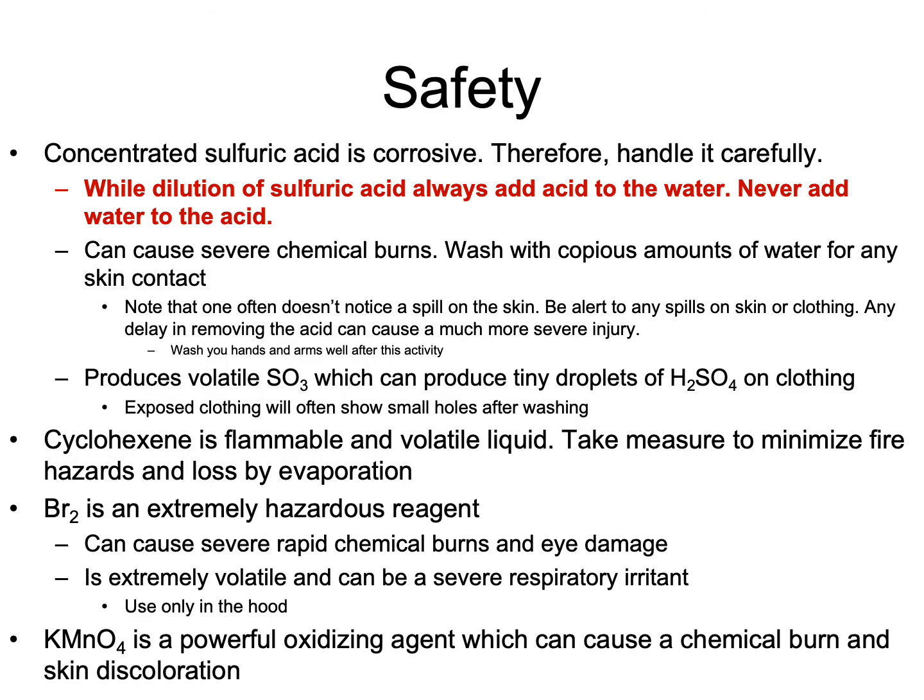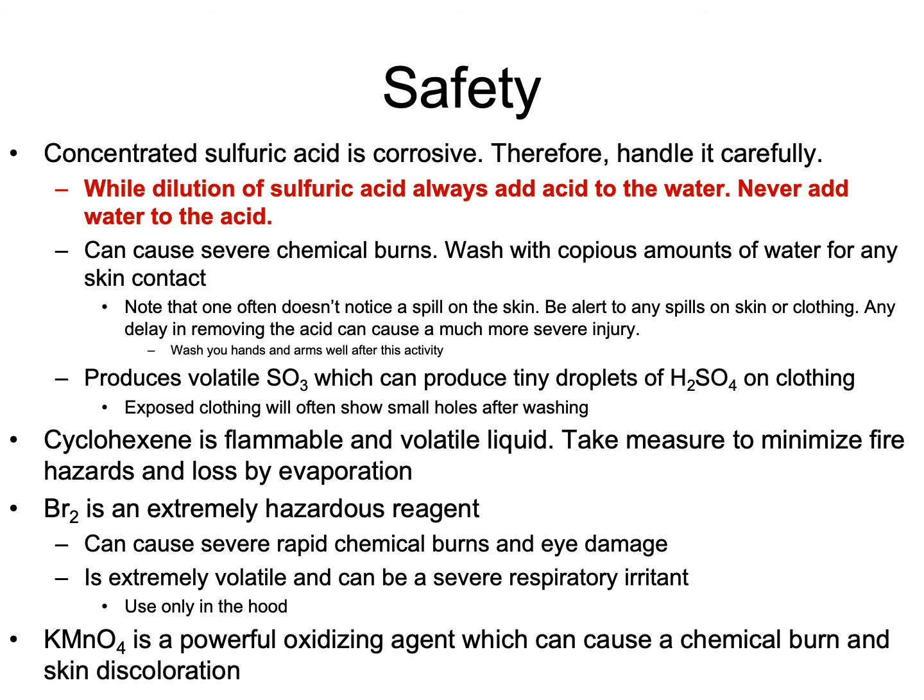You need to be cautious about your safety, and you need to know that permanganate is a very strong oxidizing agent. You need to be careful when you're handling these materials. Both bromine and permanganate are very oxidizing.